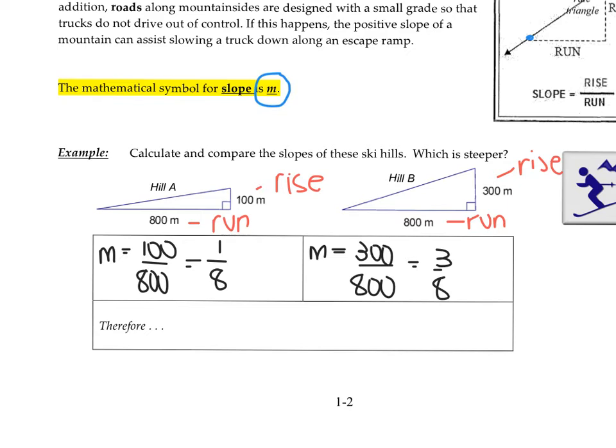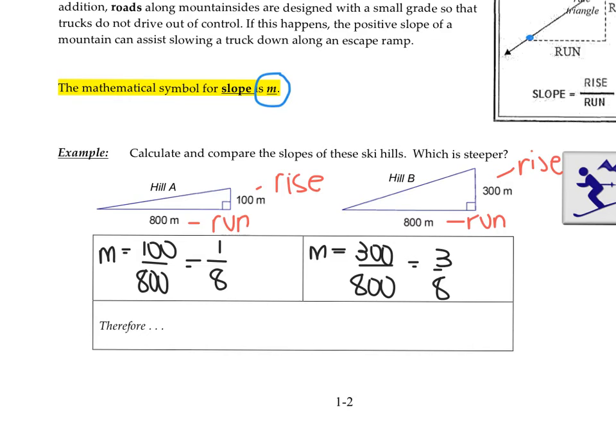The larger the number, the steeper the hill in this case. Now in this case, both of our fractions have the exact same denominator, so we can just compare our numerators. 3 is greater than 1, so 3/8 is larger than 1 over 8, so hill B is steeper. If our fractions had different denominators, we could just go to our calculator and turn our fraction into a decimal by doing the division and comparing it that way.